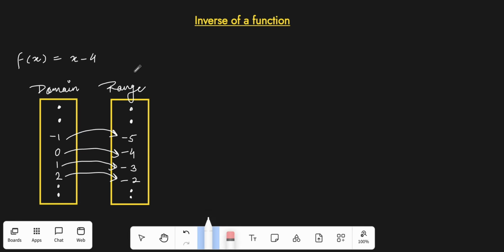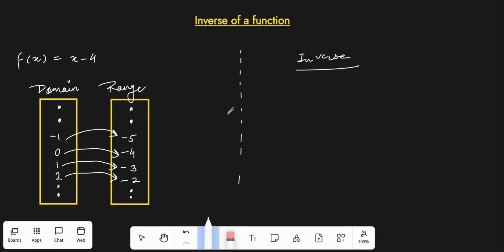Now, let's try to understand what we mean by the inverse of this function and what the inverse function is going to do. Let's give the heading inverse.